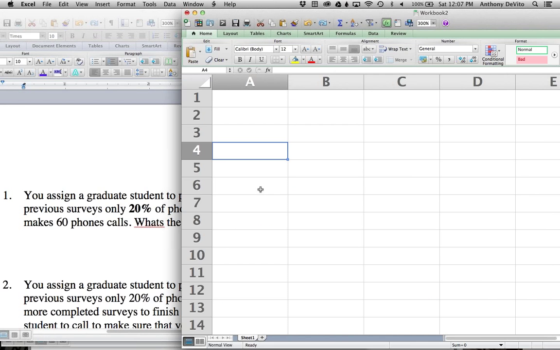So let's go to Excel: equals BINOM.DIST, parentheses, and the number of successes. We want 10 surveys to be completed, comma, the number of trials is 60, comma, probability is 0.2, comma, and now a little bit of a problem here.